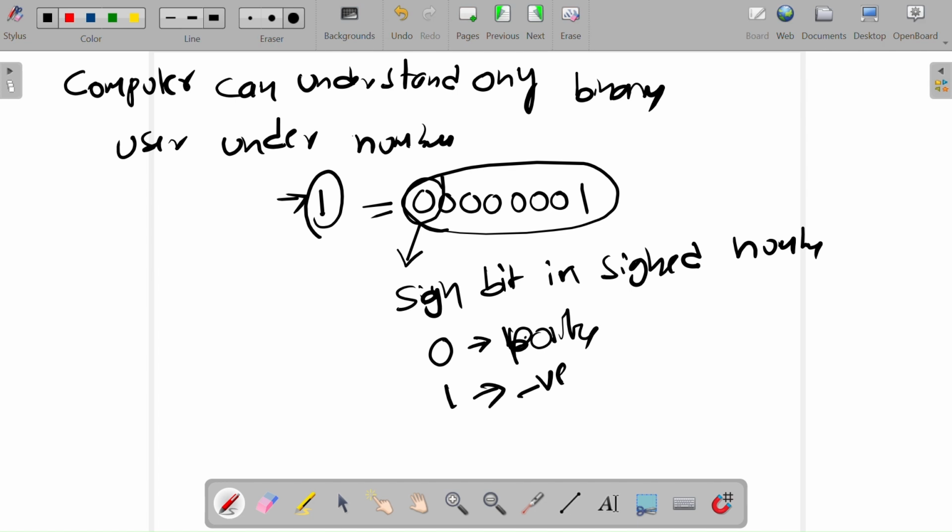What is the unsigned number representation? Same thing, but including this bit, all bits are used; every bit counts for the number in unsigned numbers.